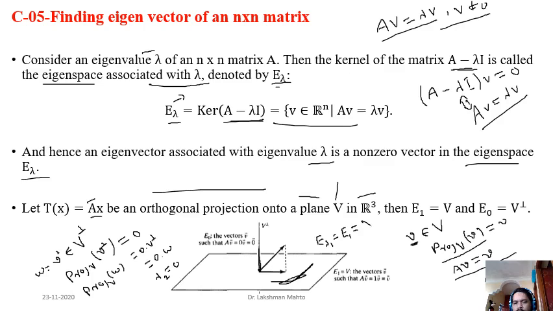Why? Because we observe that the projection of every point on the plane is the point itself. That's why E1 would be V, and V is a plane, so definitely it would have two bases.